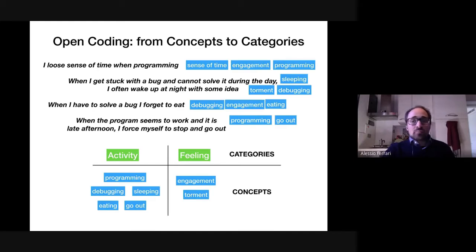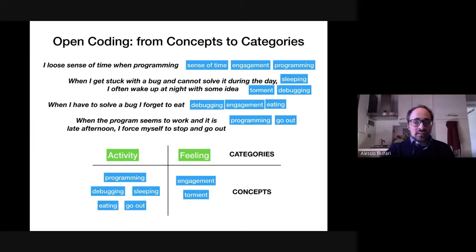In this case, for example, engagement is more related to an emotional perspective on a certain activity that is programming. So you see that I can partition my concepts already into two main categories: the activity category and the feeling category, because these are the groups of elements that I find in my codes.